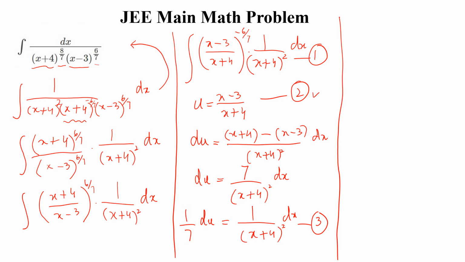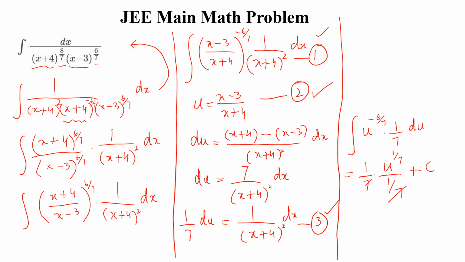Now put equation 2 and 3 in equation 1 and we get u power minus 6 by 7 into 1 over 7 du, and this is equal to 1 over 7 u to the power 1 over 7 divided by 1 over 7 plus c.